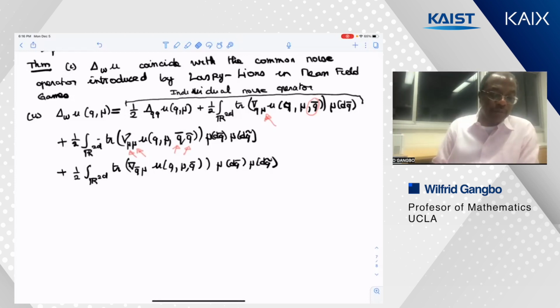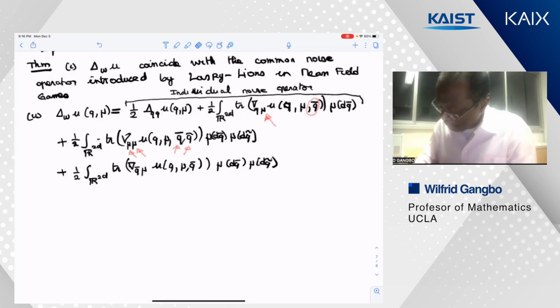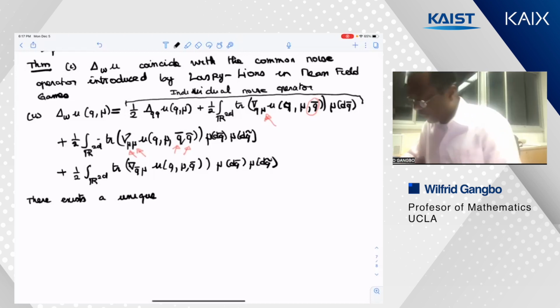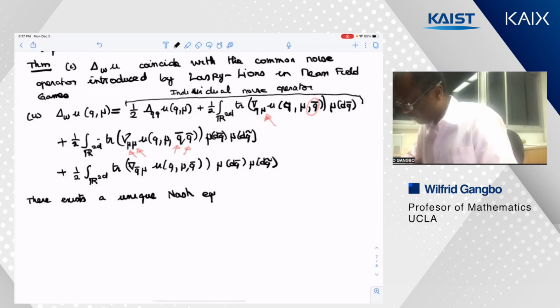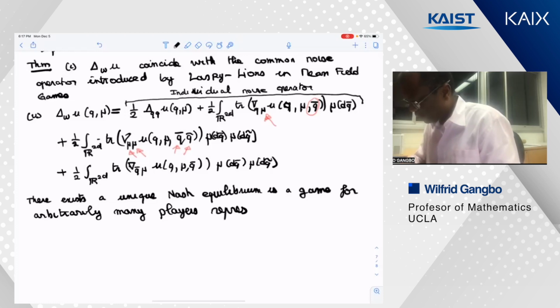So here is the master equation. One can show that there exists a unique Nash equilibrium in a game with arbitrarily many players represented by measure mu.